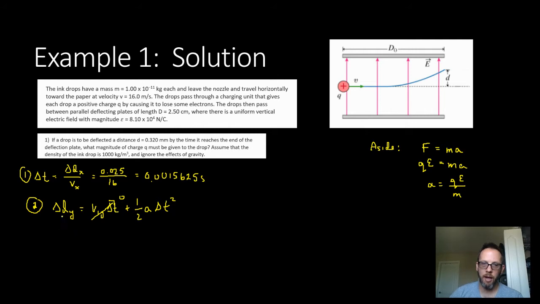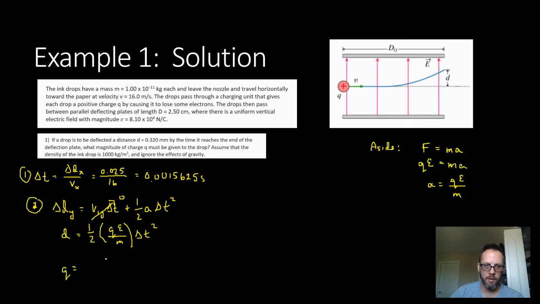That's great because we actually know delta dy. I'm going to replace that. That's our d, right? Equals 1/2. And we found an expression for a. It was q epsilon over m times delta t squared. And if I think about it, I know everything in this equation here except for q, so I can solve for it.